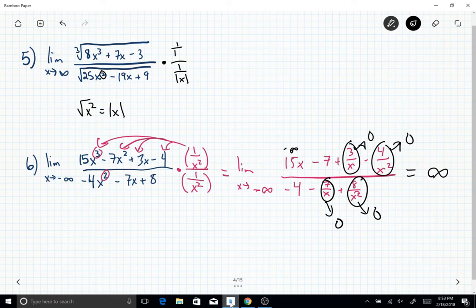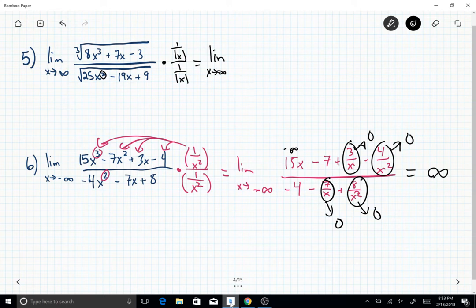Since this is positive infinity, that'll just be the same as 1 over x, so we don't have to worry about the absolute value. It gets a little different if you're approaching negative infinity, but since it's positive infinity, we're in pretty good shape.